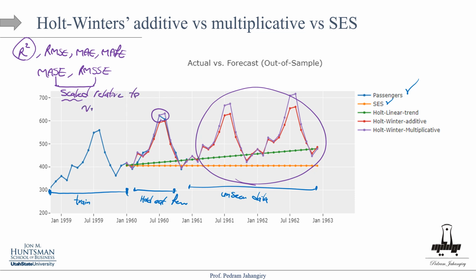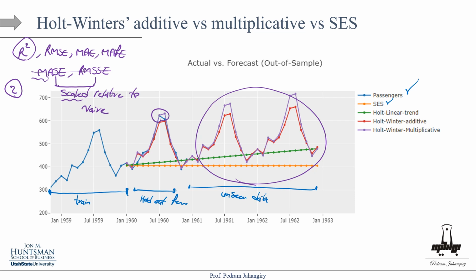So basically, if that number is greater than 1, this means that your model is performing worse than a simple naive benchmark. So imagine if MASE, let's call it MASE, is equal to 2, this means that your model is twice as bad as the naive forecaster. If it is 0.5, it means that it's better than the naive forecaster. Again, we don't necessarily look into these ones because sometimes the naive forecaster is not a good benchmark.